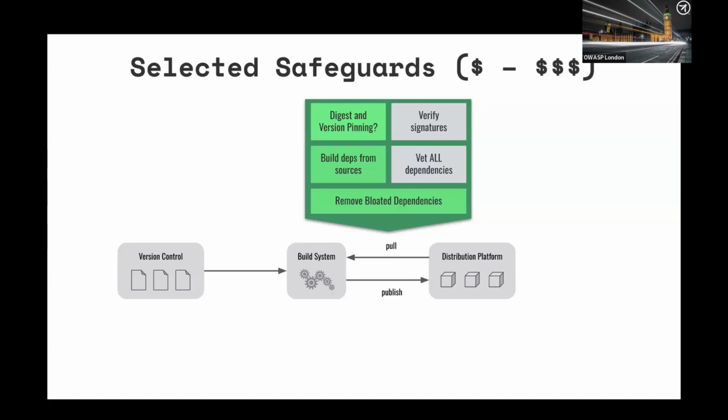Digest and version pinning. This is something I always hesitate about, because I talk both about known vulnerabilities in your open source dependencies. If you don't pin your dependency, there are chances that you automatically get the fixed, secure new version of that package, which is great. So in that sense, I would say don't pin, in order to benefit from that.